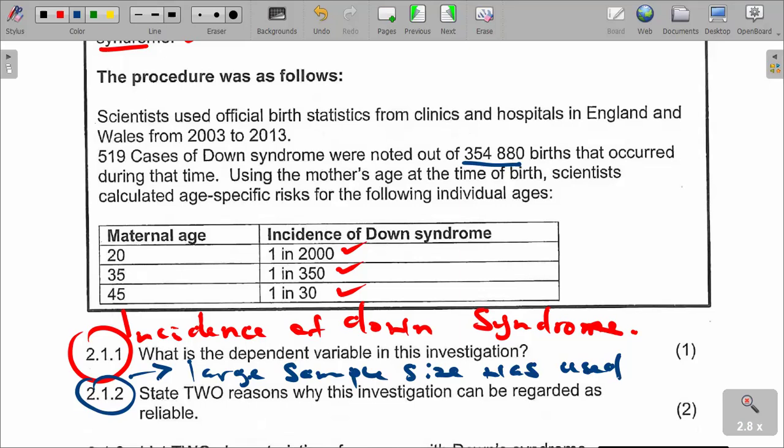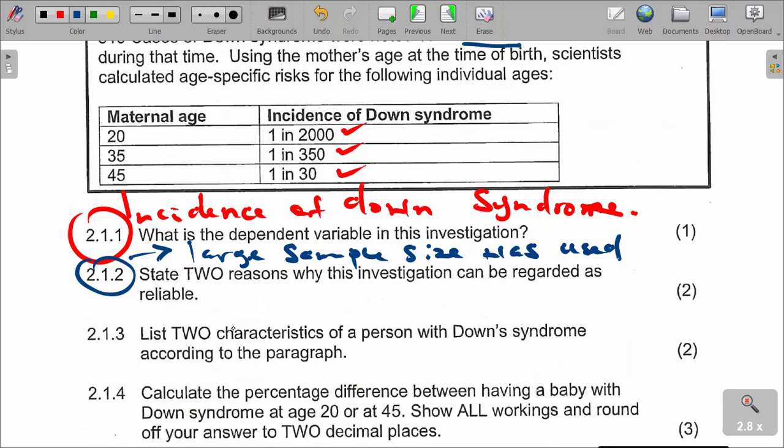And then it can also be good because scientists used official birth statistics. So we can also say official statistics were used as another reason.